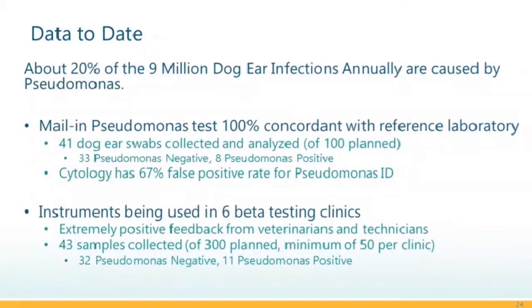So to date, we've been focusing, as I mentioned, on the Pseudomonas test. And this is particularly important for dog ear infections, as there's about 9 million of those annually, and about 20% of these ear infections are caused by Pseudomonas.